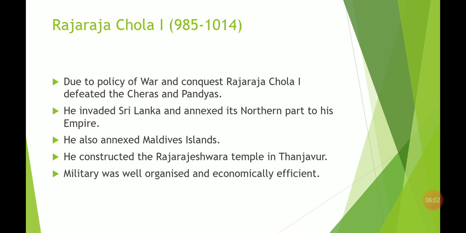All the aspects that lead to the expansion and protection of any empire are related to the military, and these were fulfilled by the Chola rulers. So this is basically what we have to read about Rajaraja Chola, 985 to 1014.